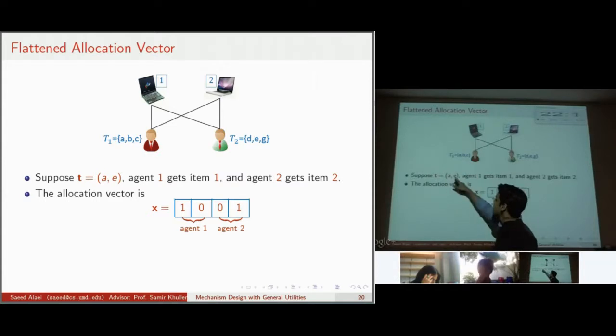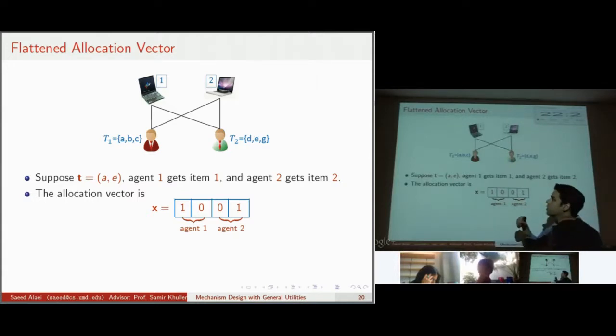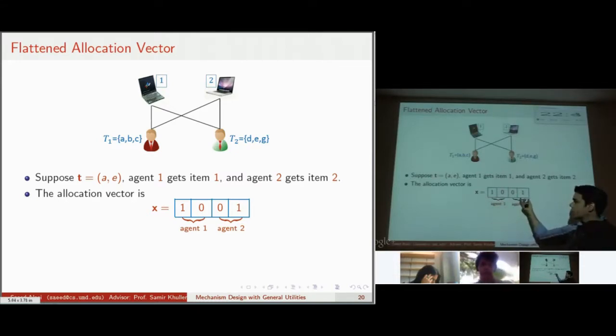The first agent is type A, and the second agent is type E. And let's say you have a mechanism that computed an outcome in which agent 1 gets item 1 and agent 2 gets item 2. Normally you would represent the outcome by an allocation vector which has an entry for each agent and each item.